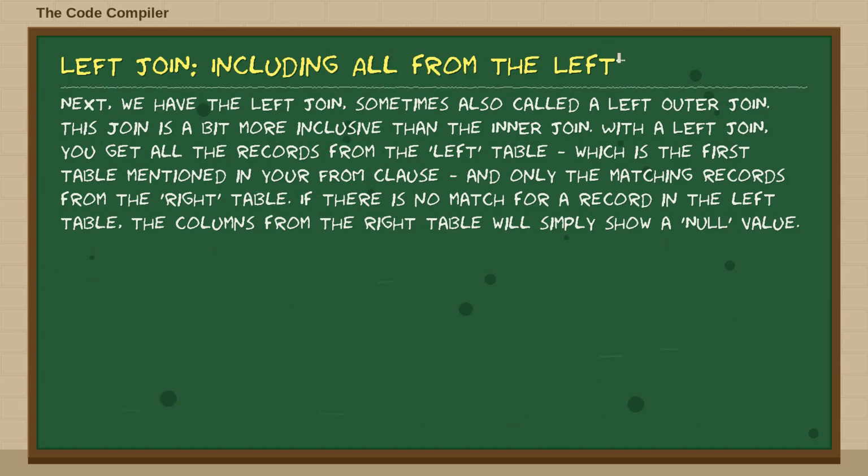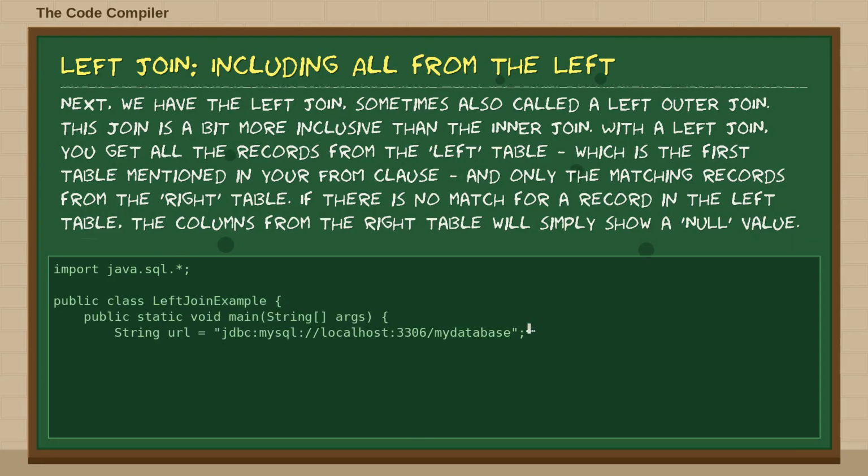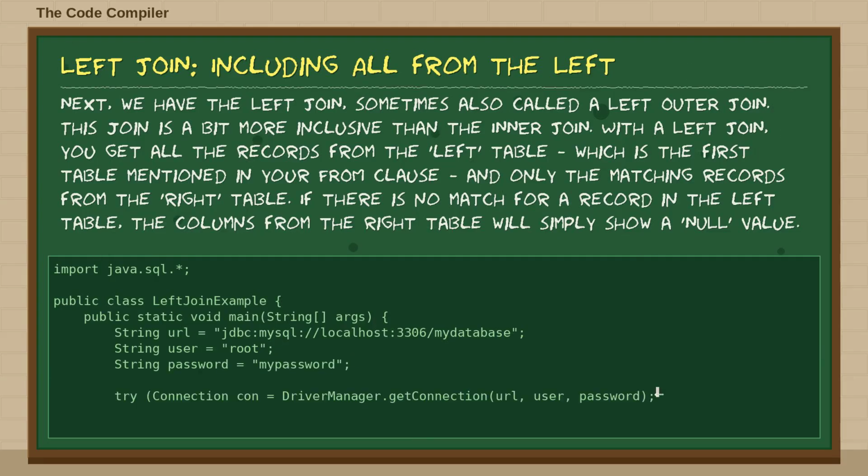You would just change your SQL query to select employees.name, departments.department_name from employees left join departments on employees.department_id is equal to departments.id, and then process the result set just as before. Notice how simple it is to switch between join types in SQL and Java.